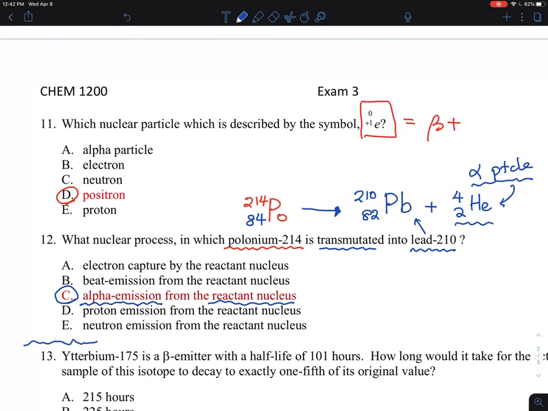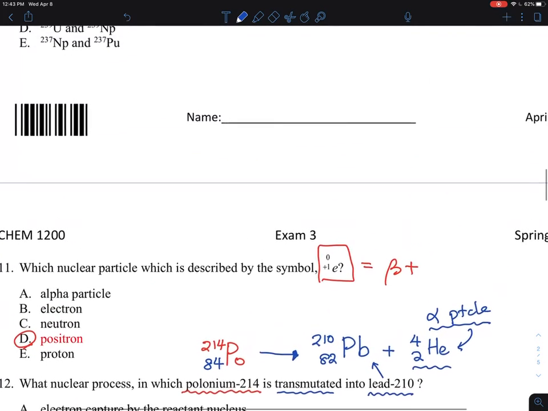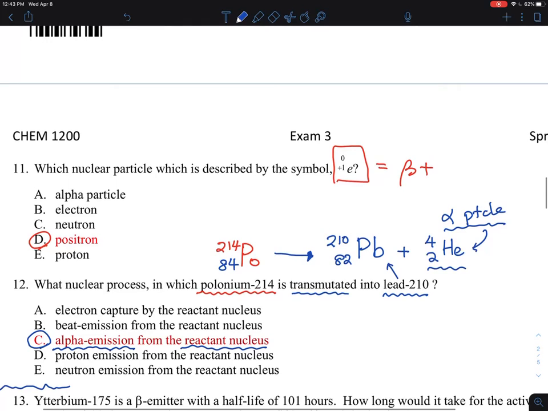Okay, so the third problem is polonium 214, and I look at the periodic table for polonium. If you remember seeing polonium here, that's where it is, and that's 84. So 84 is polonium. I'm going to write polonium with an 84 atomic number, and 214 is the atomic mass.